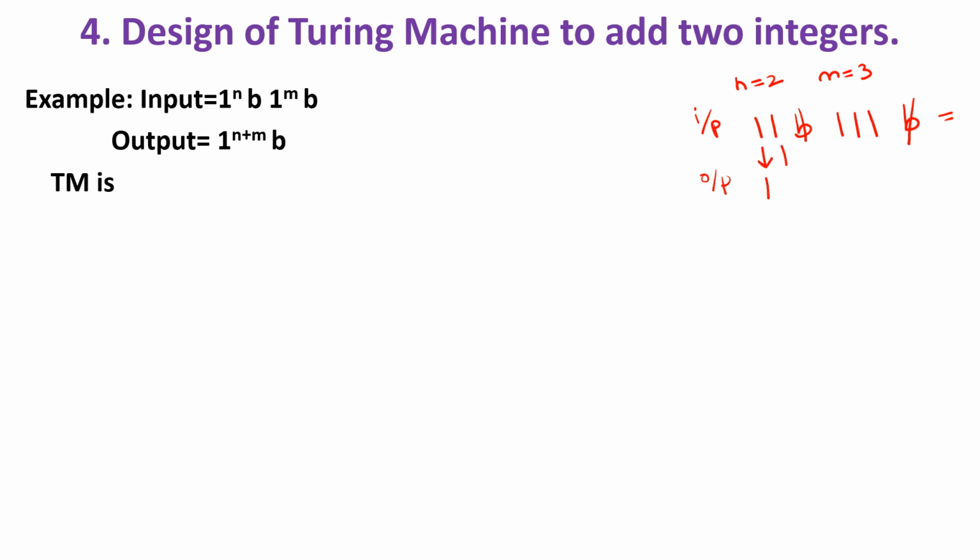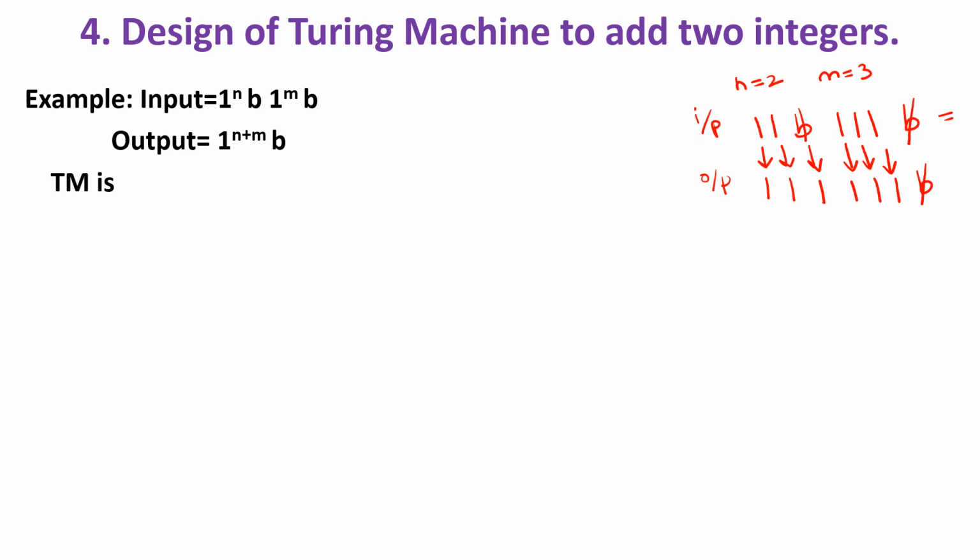keep 1 as it is, go on moving towards the right. Replace this intermediate blank as 1. Remember, we have 1 extra. Then move towards the right. Keep m number of ones also as it is until you come across a blank.